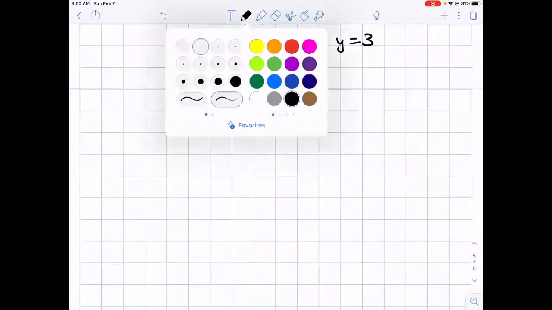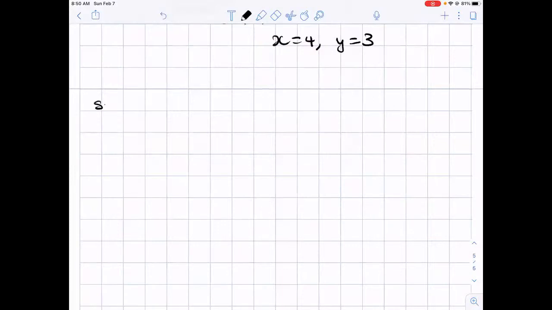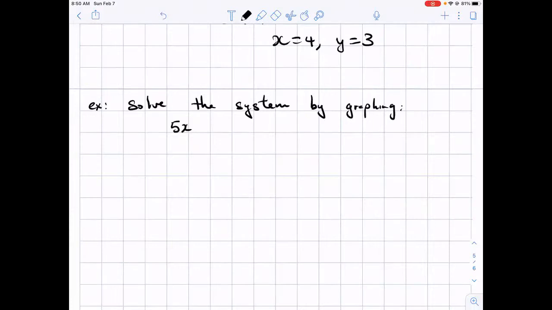Let's look at another example. Example: solve the system by graphing. We have 5x minus 2y is equal to 5, and we have minus 10x plus 4y is equal to 15.